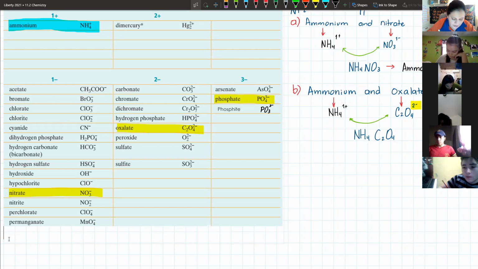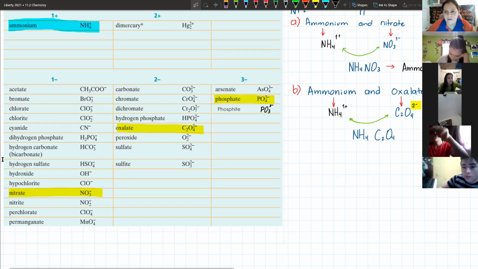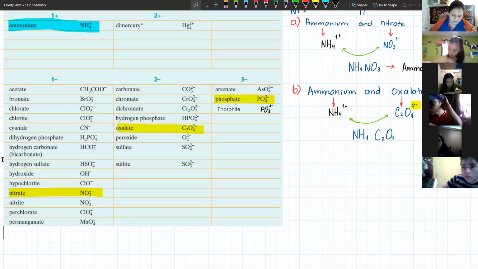Where are you going to move that to? Open parentheses in ammonium, and the 2 is going to be placed after ammonium, like that.